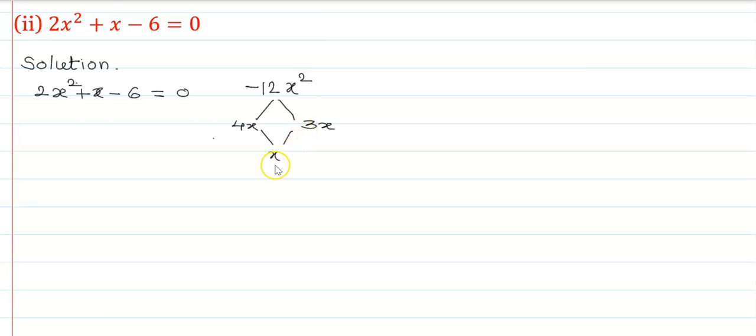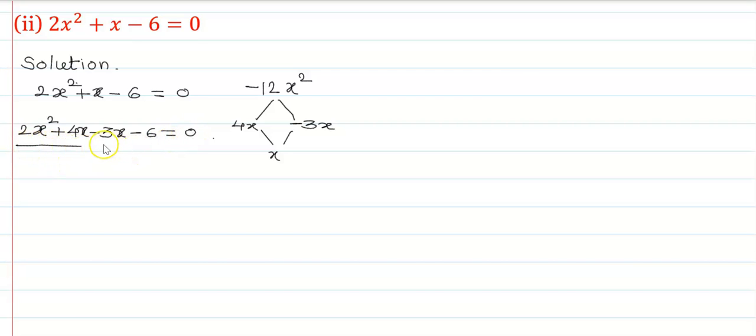At the same time their sum is plus x, and that's why we take minus 3x. 4x into minus 3x gives minus 12x square, and 4x minus 3x gives x. And therefore we write 2x square plus 4x minus 3x minus 6 is equals to 0.